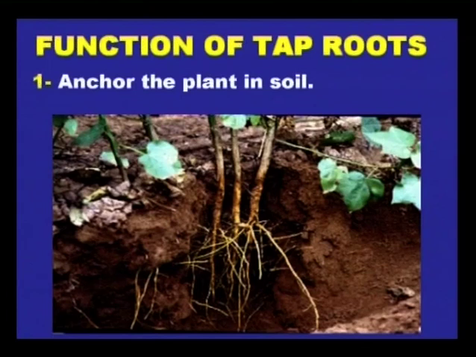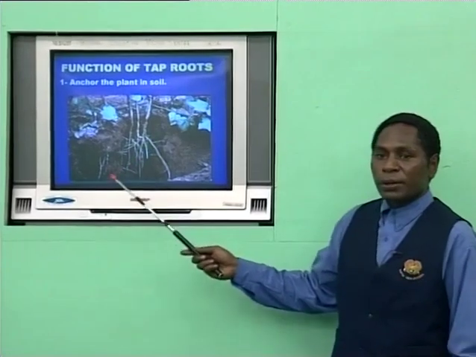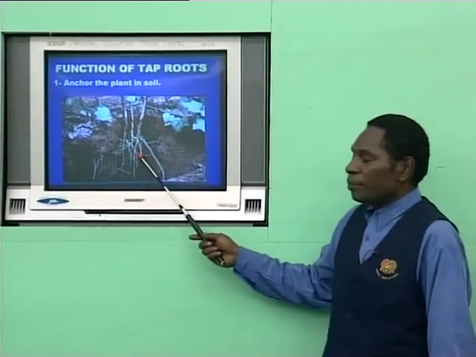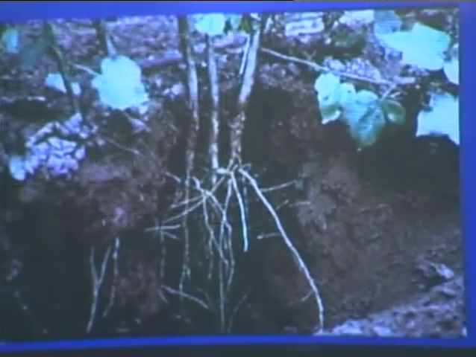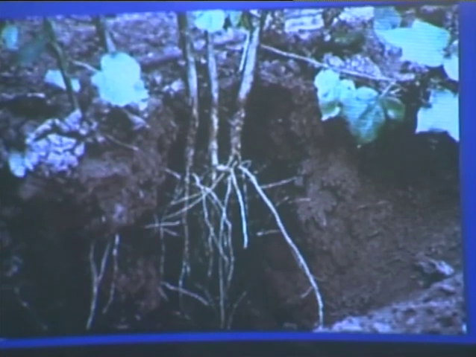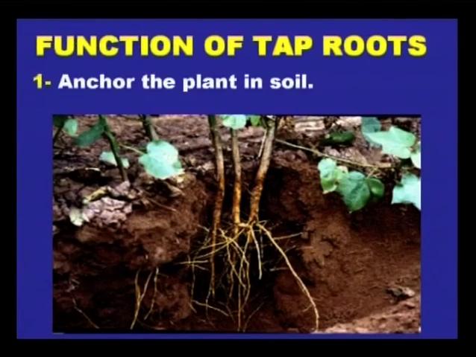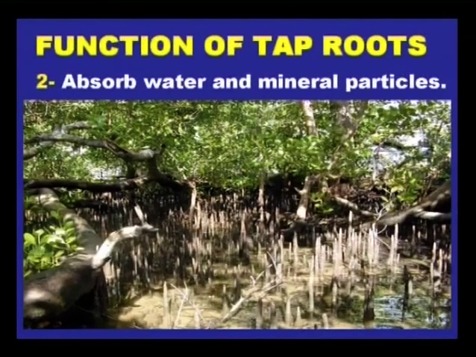If the root was not anchoring the plant to the soil, then this plant will fall off. So that is number one function of a taproot, to anchor a plant in the soil. Number two function is it absorbs water and mineral particles.